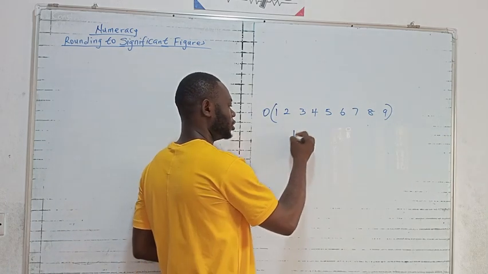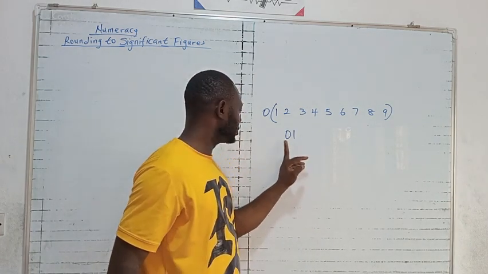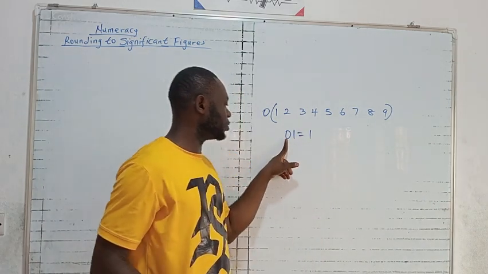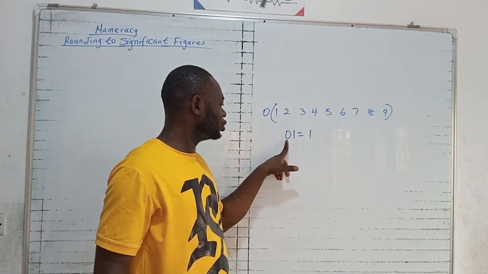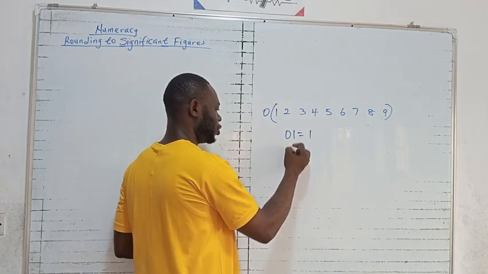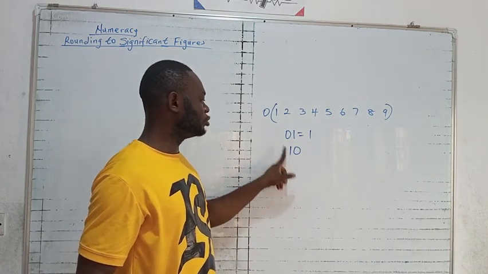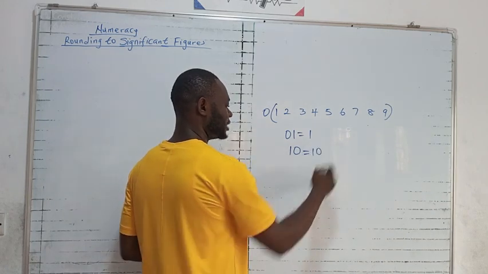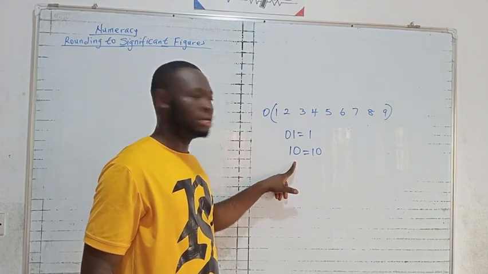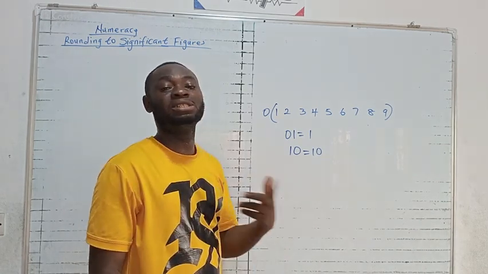For example, 1 is 1, but if I have 0 here, this 0 becomes insignificant because 01 still means 1. The presence of 0 at this point does not alter the value of 1. But if here is 1 and I now add 0 at this point, the number is no more 1, but has become 10 because of the position of 0. So at this point, we can say that 0 is insignificant, and at this point, we can say that it is significant.